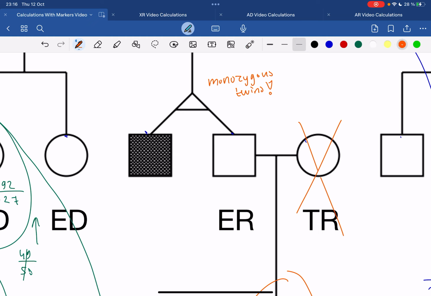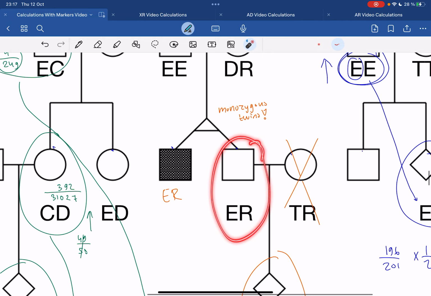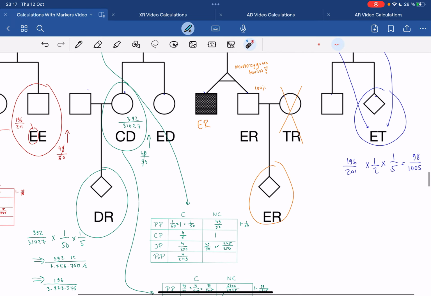So if this person is carrying, he just didn't miss the penetrance, he was actually part of the 20%, this person is a carrier as well. So we know for 100% certainty that this person is a carrier due to the fact that his monozygous twin is affected. Now, what is the chance for this child to be affected?